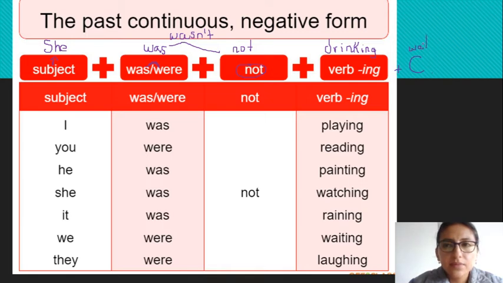Okay, she wasn't or she was not drinking water. Ella no estaba, it can be without contraction, was not, or with contraction, wasn't. She wasn't, ella no estaba bebiendo agua.